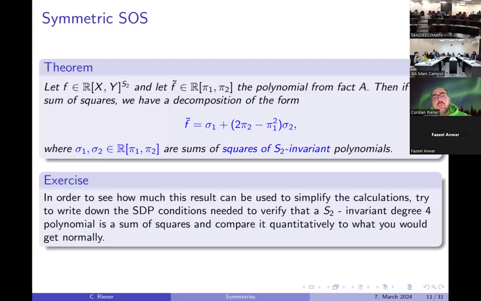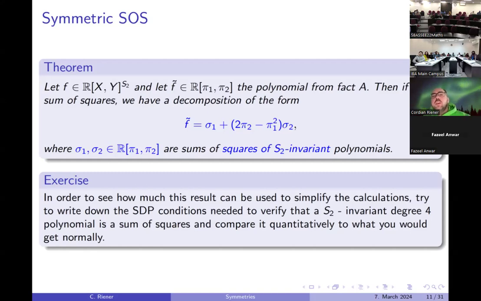So actually, this is maybe a fun exercise to do. One could just try to see how the number of coefficients I have to use to check if a polynomial is a sum of squares compares in the two representations, f in x and y and f twiddle in pi 1 and pi 2.